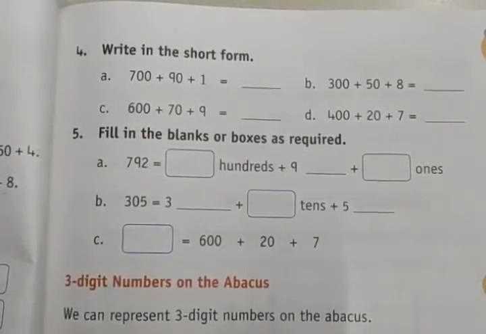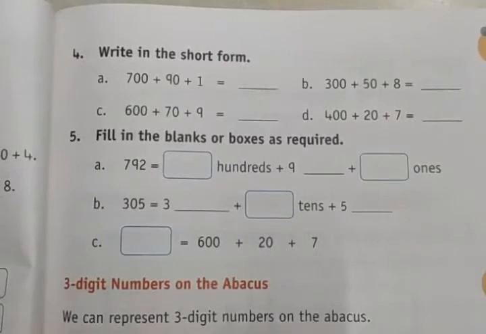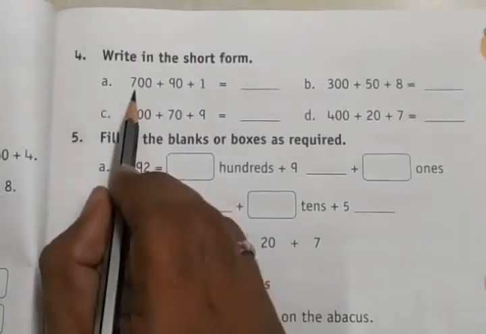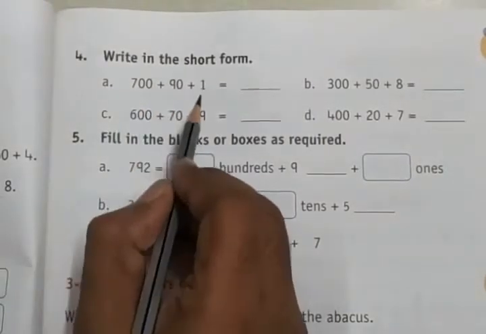Next, a few more examples based on the expanded form. Now what we did is we wrote the given numbers in expanded form, right? Now we have to write them in short form. So read this number: 791.